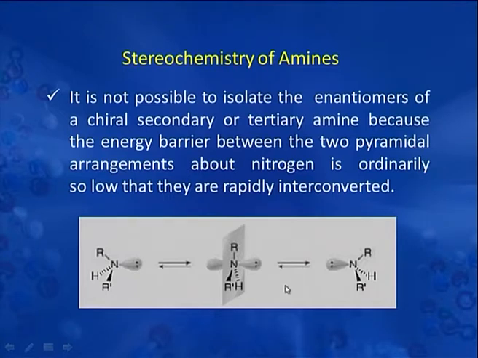As a result, it is not possible to isolate them, and if we are not able to isolate them, it is not possible to identify them as separate or different isomers. That is why secondary or tertiary amines, even though having appropriate substitution, even though having a stereogenic center, do not show optical activity.